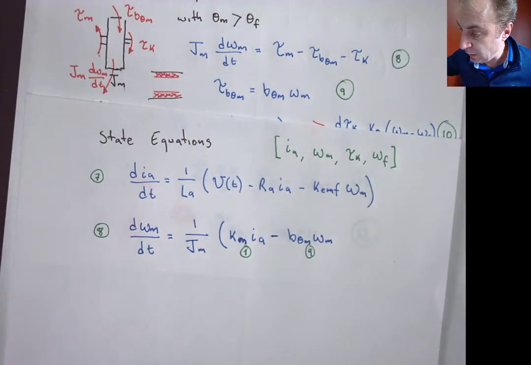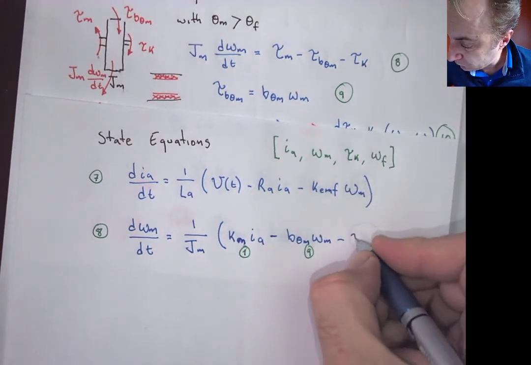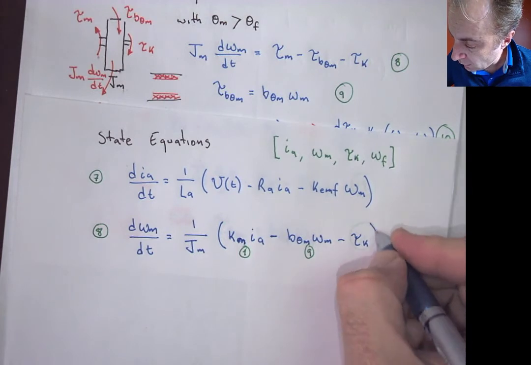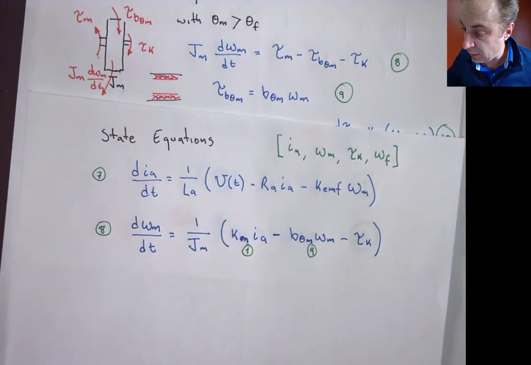And then we have minus τ_k. Okay? And now we have everything written in terms of state variables.